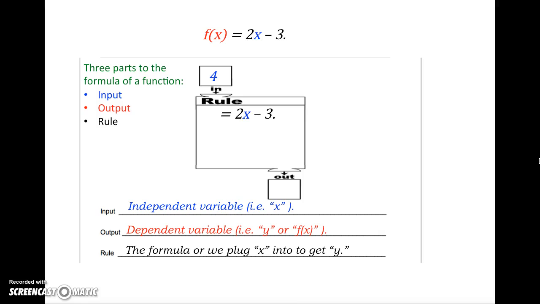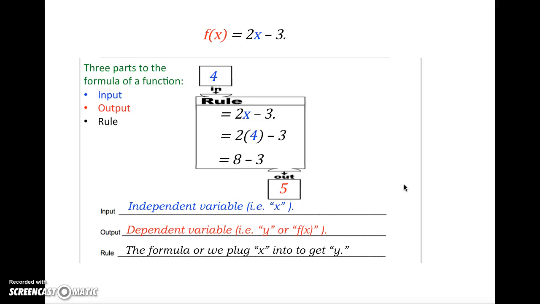So wherever I see an x, I'm going to put a 4. So I'm going to get now 2 times 4 minus 3, which when we solve it out, gives me an output of 5. Let's be clear about this. My input is 4, and when I plug that into our formula, I get an output of 5, which is the y value.